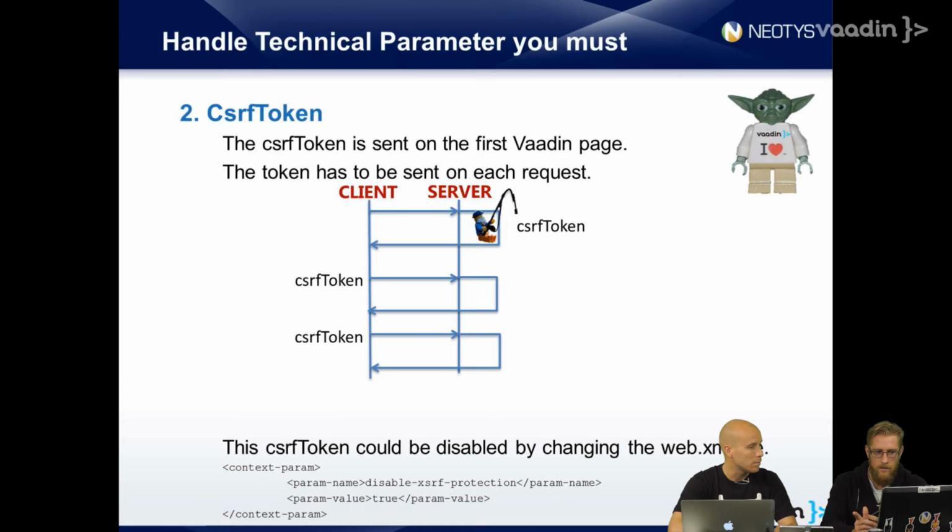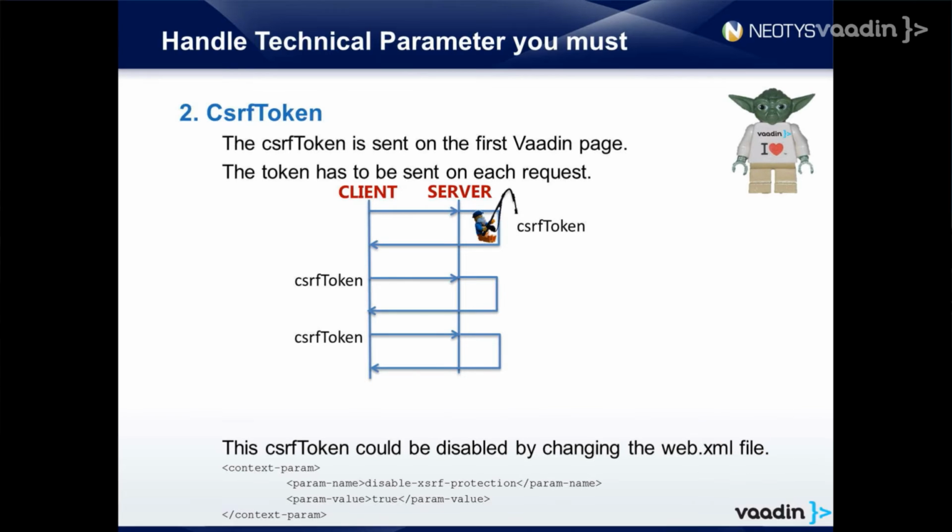The second one is the CSRF token. This is also a technical parameter, and it's required to be sent on each request. Same logic: when we send the initialization request, Vaadin sends us a token. We have to extract it and send it back every time we send a Vaadin request to the application.